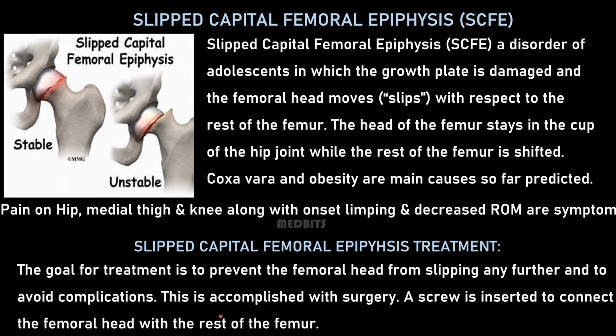This is accomplished with surgery. A screw is inserted to connect the femoral head with the rest of the femur. This is why physical therapists and other medical professionals say to stay healthy, so that your BMI doesn't go higher and this can't happen.